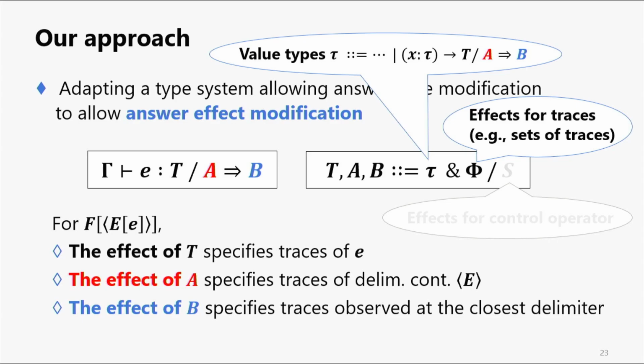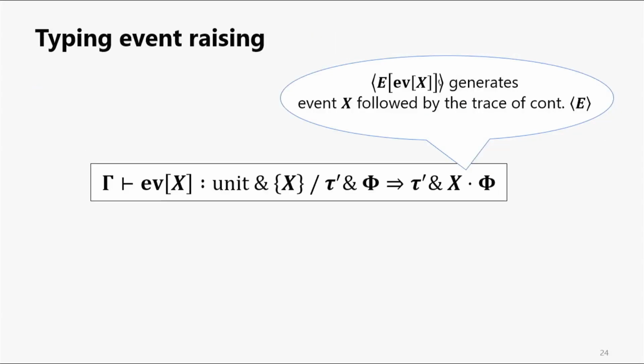And in our setting, the effect of T specifies the traces of the expression E, and the effect of S specifies the traces of delimited continuations. And the final answer effect B specifies the traces observed at the closest delimiters. Using this information, we can reason about traces generated by programs with delimited continuations.